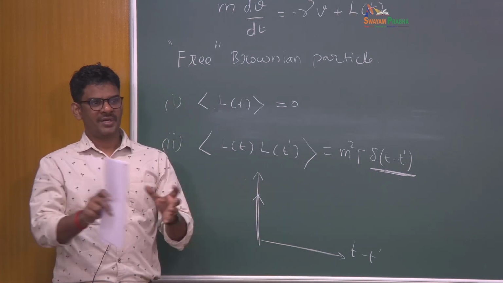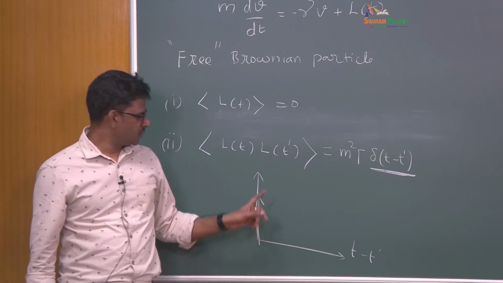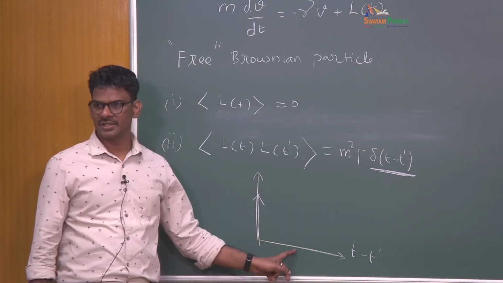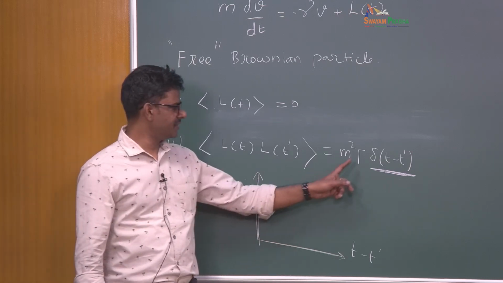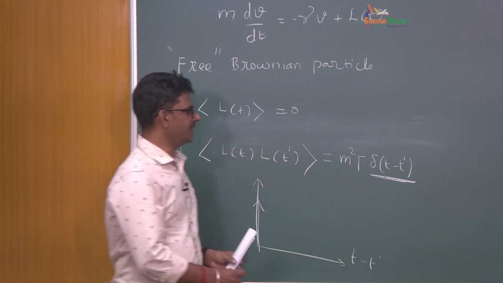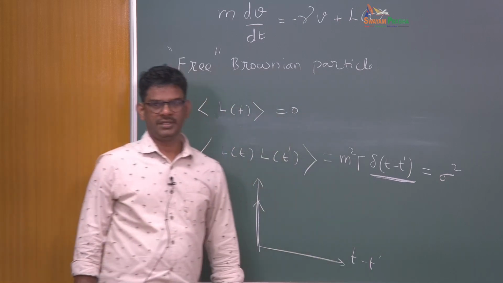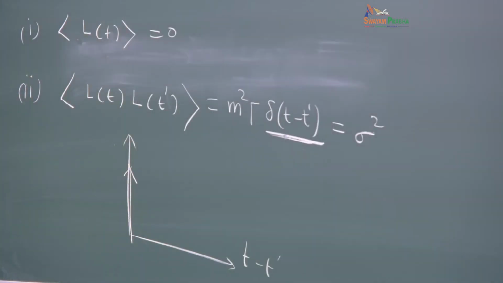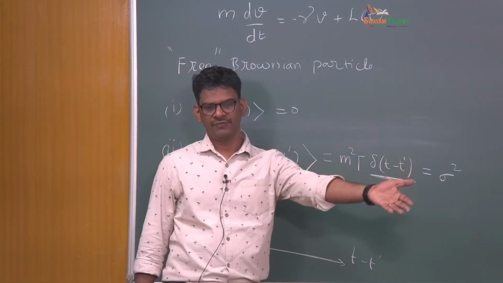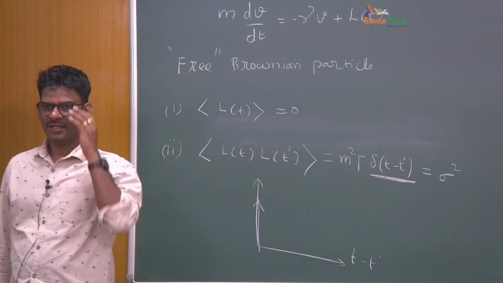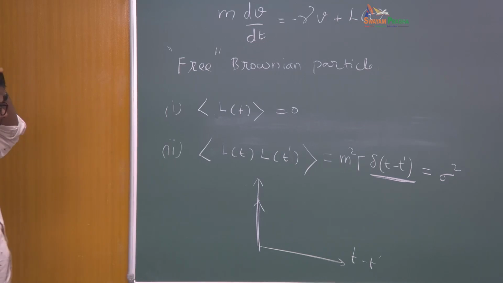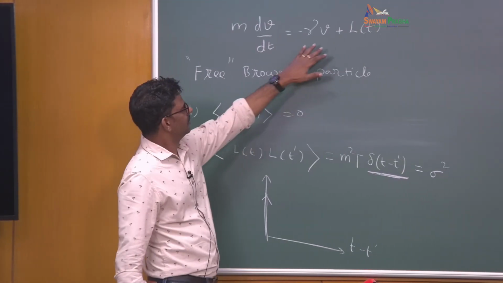Two collisions separated by some time are uncorrelated, that is why it vanishes immediately. So the mathematical statement here basically means that we are only specifying the variance at time t, and it does not correlate with collisions before or after. It's instantaneous. Now how do we encode this here?